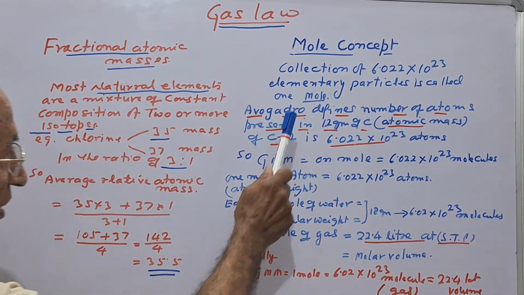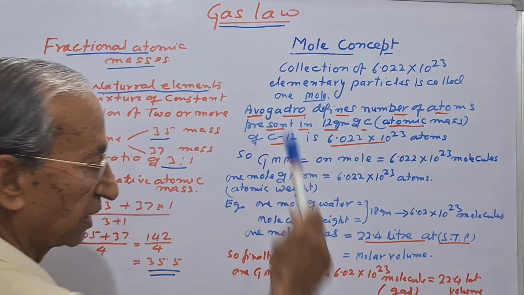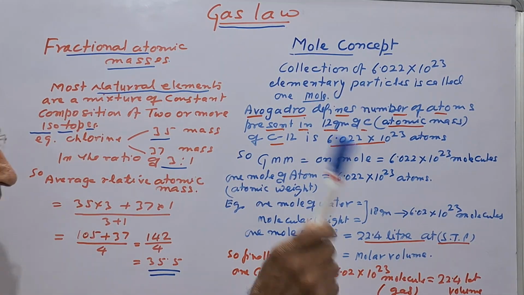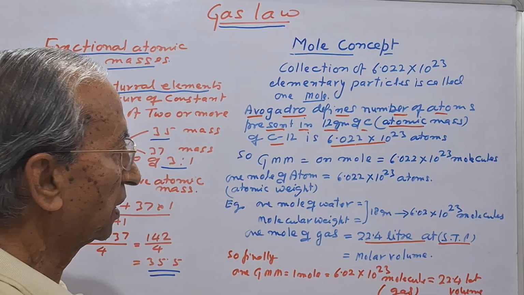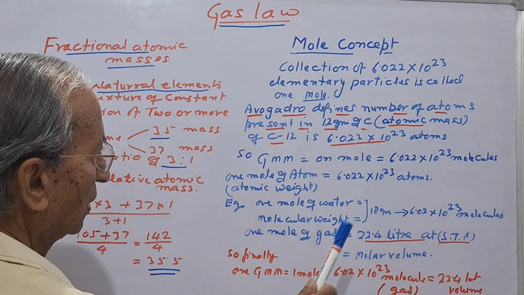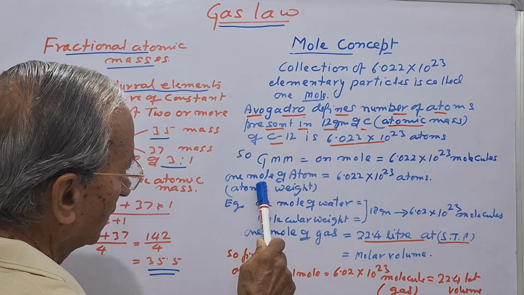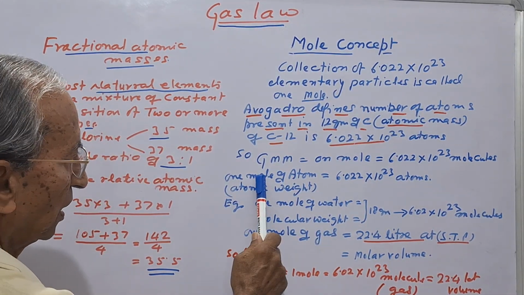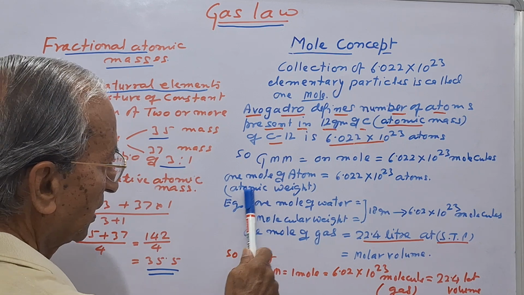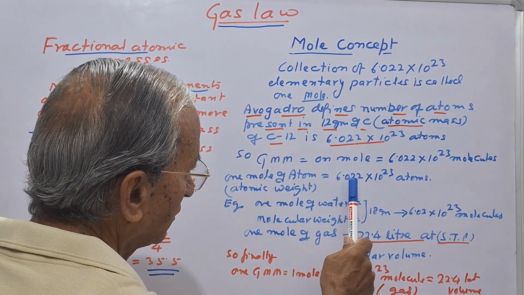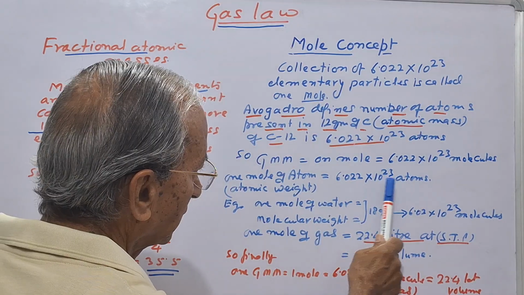Now here is general term elementary particles. It may be atom, it may be a molecule, or it may be ion. So if we say that 1 mole of atom, that is atomic weight, is having 6.022 10 to the power 23 atoms.